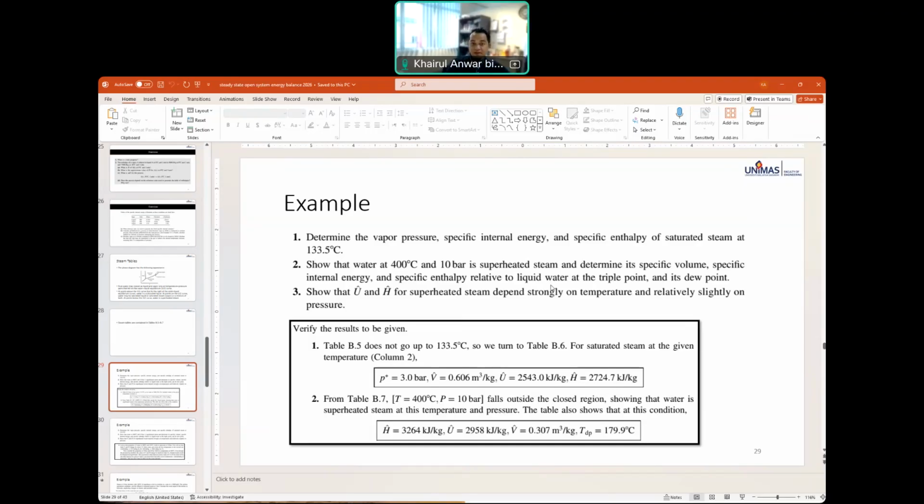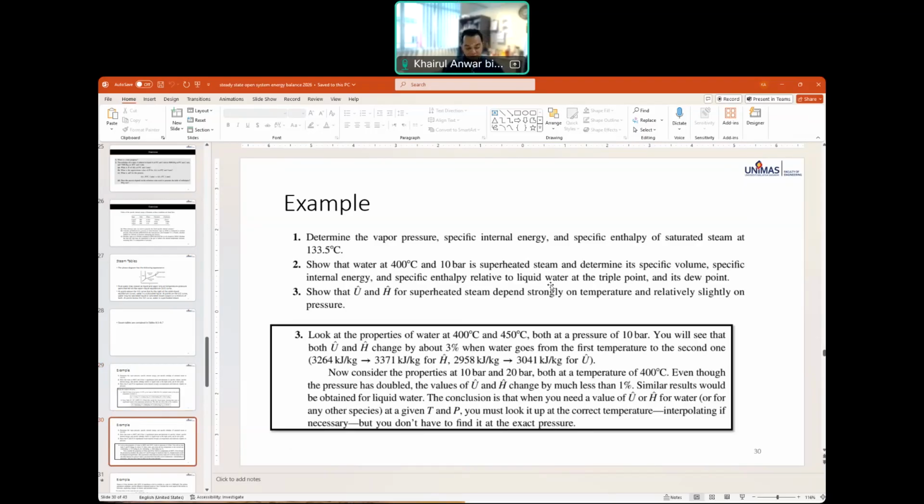Show that U and H for superheated steam depend strongly on temperature and relatively slightly on pressure. So still table B7.